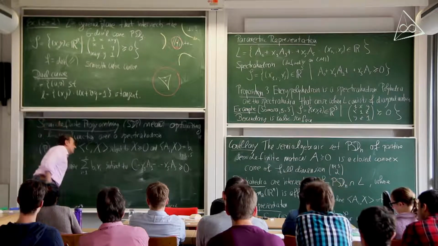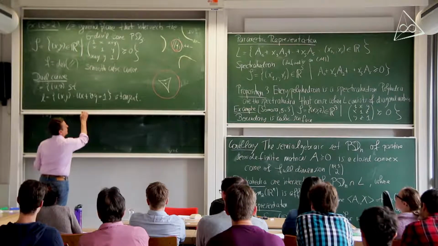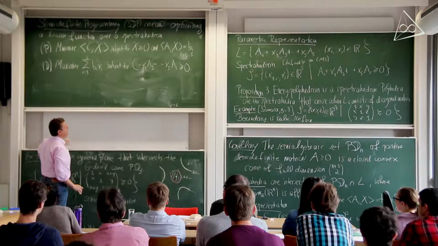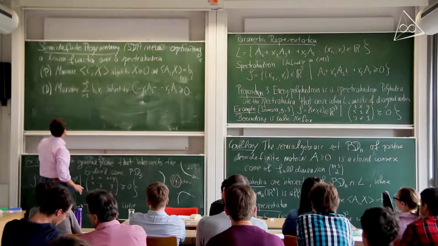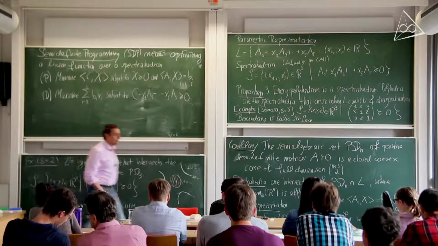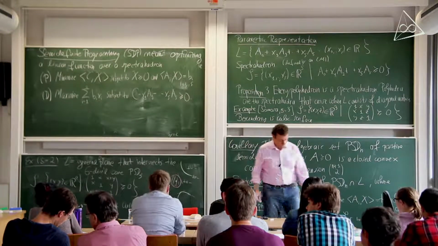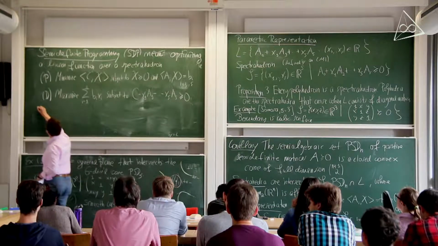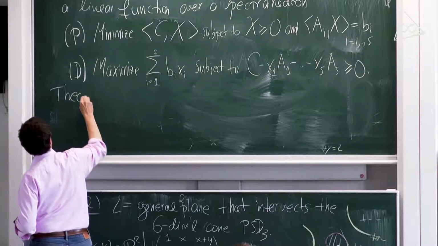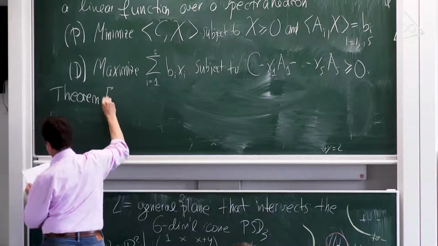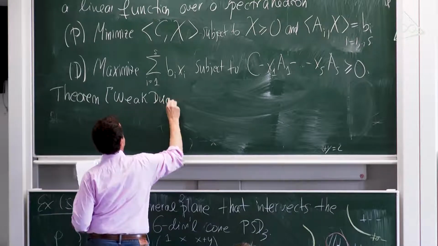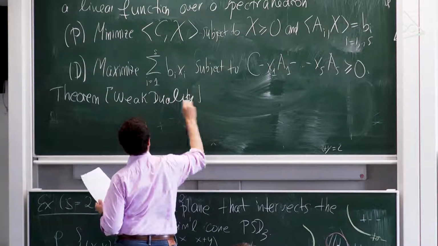Okay, let's work with this formulation. What are we going to do with it? Well, we can prove a weak duality theorem, and we can state a strong duality theorem. So let's do weak duality. Theorem, weak duality for semi-definite programming.